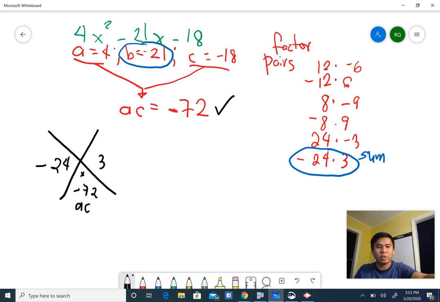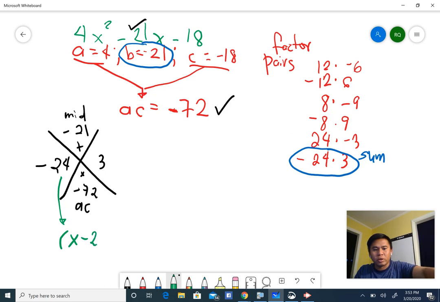The next thing to do is to add both and see if that sum will be the middle term. And as we may see, negative 24 plus 3 is negative 21, which hits our middle term. Now, our factors will be x minus 24 and x plus 3.